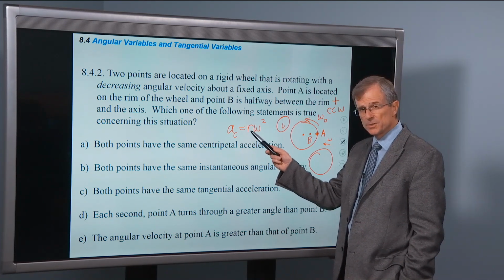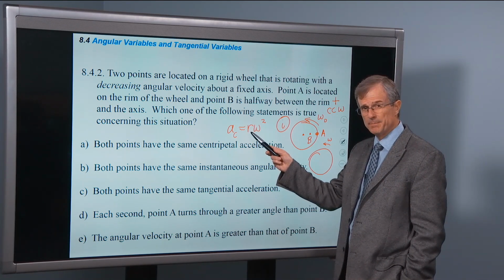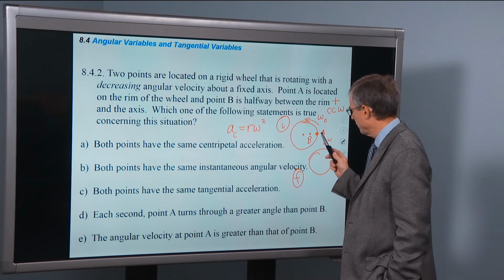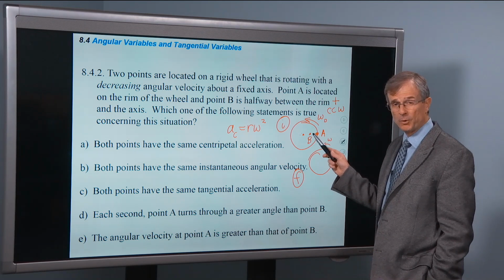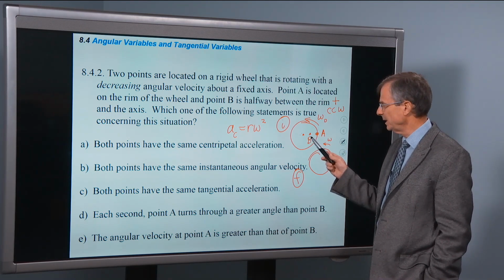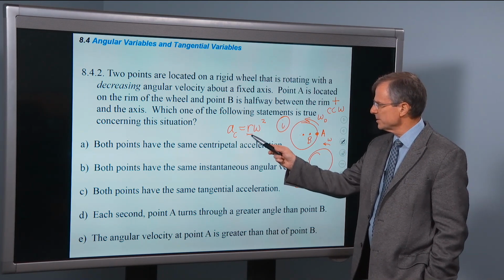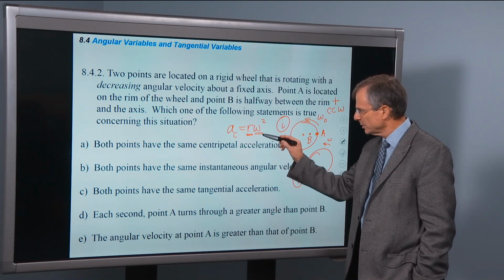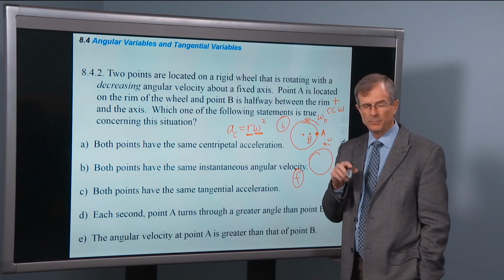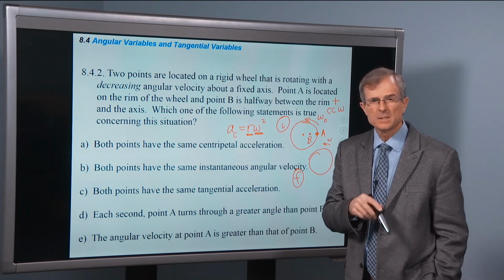The r's are not the same for point A and point B. The radius for point A is twice that for point B. So the r's are different, but the angular velocity of both A and B is the same.